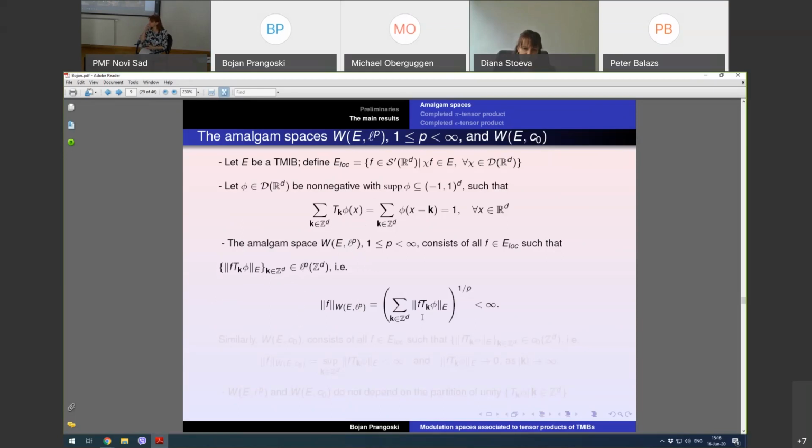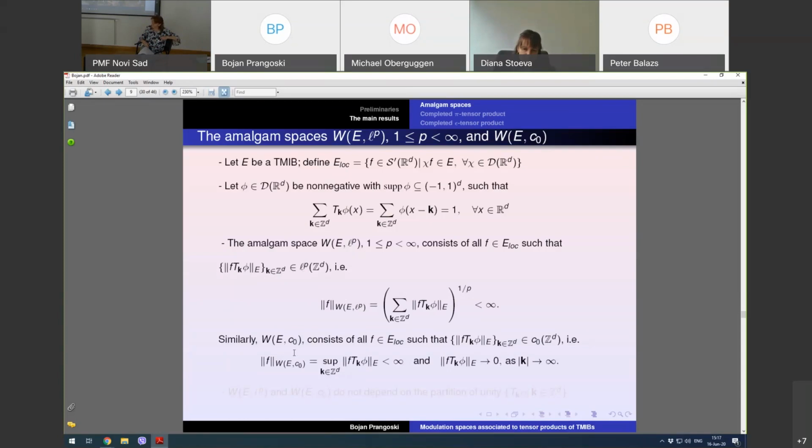And that's how you produce the norm on the space. Similarly, one can introduce the amalgam space with global component c0, where c0 stands for the sequence space of all sequences which vanish at infinity. And you can define it in a completely analogous way.